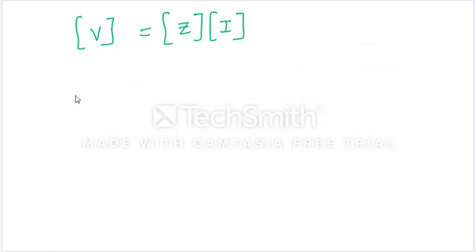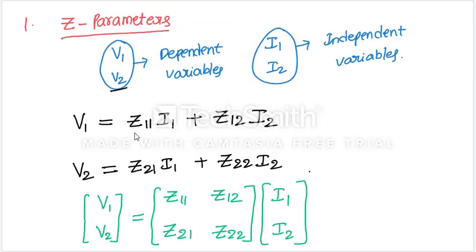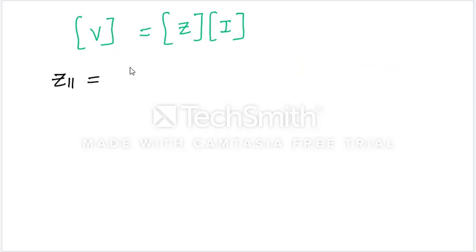What I can say here, z11. How to get z11? z11 is v1 by i1 when i2 equals 0. And see the units of v1 by i1.